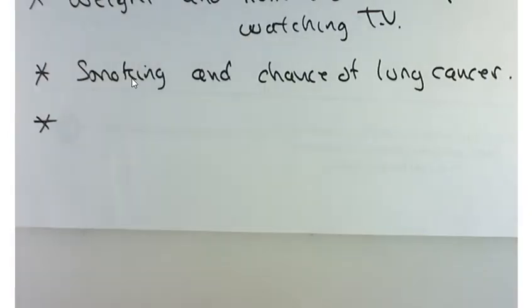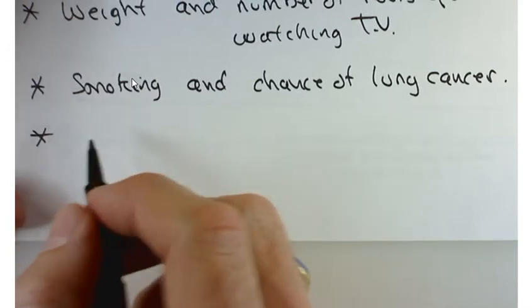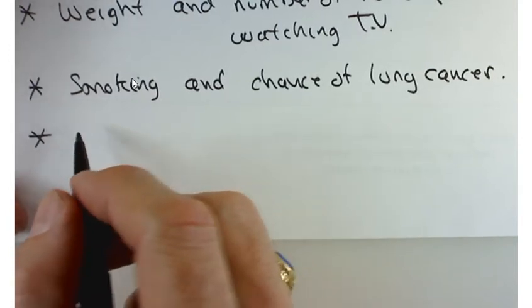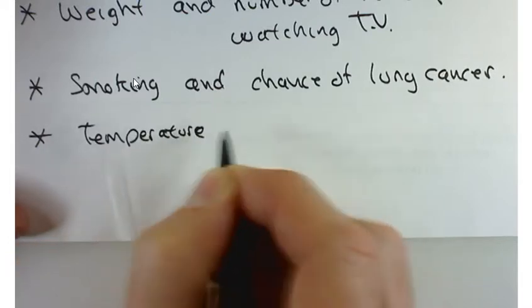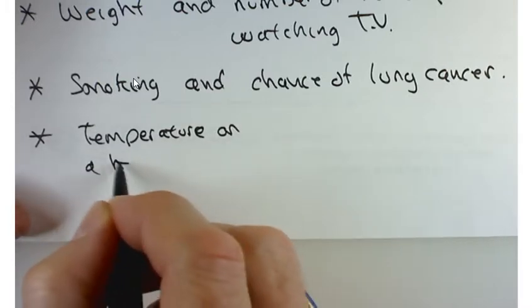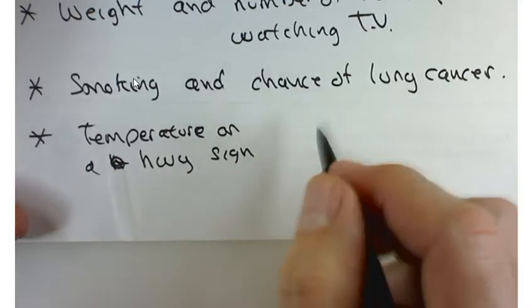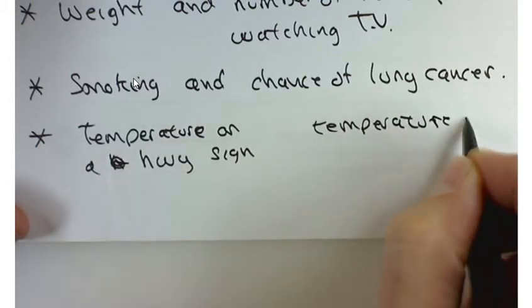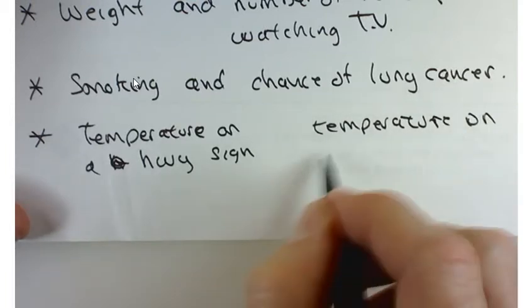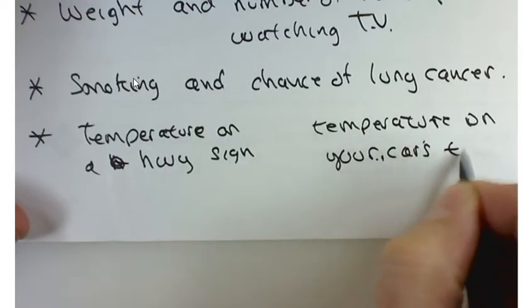How about as you're driving down, say I-75, and you pass Oakland Mall, and you see a highway sign for the Oakland Mall, and one of the things you see there is the temperature on the highway sign, and the temperature on your car's thermometer.